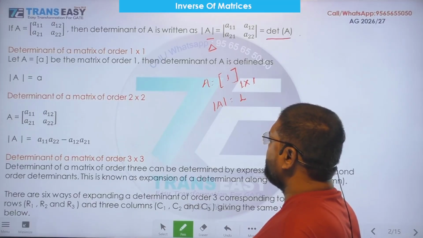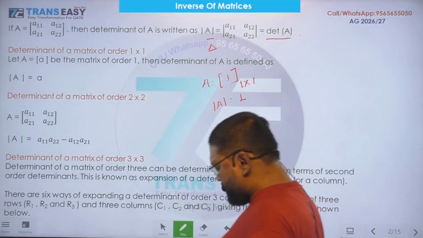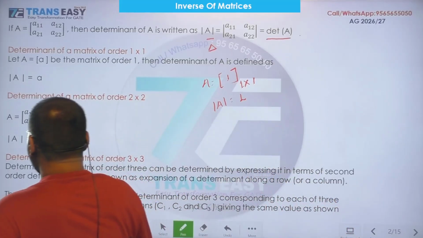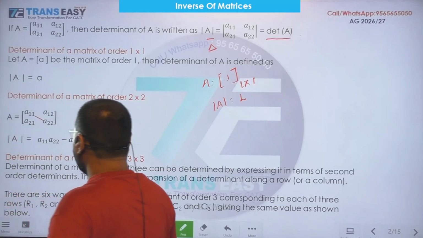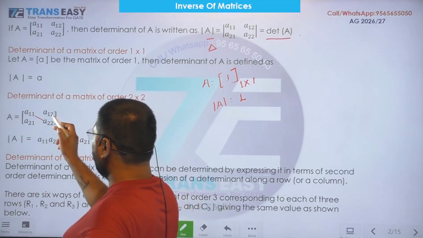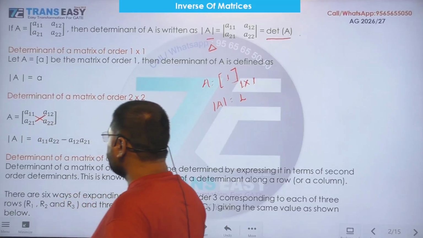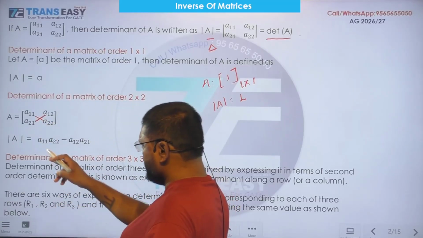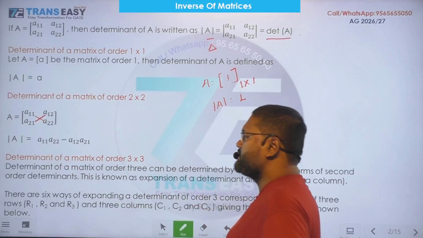Determinant of a matrix of order 2 is to 2 is A11 A22 minus A12 A21. This is determinant value of second order square matrix.